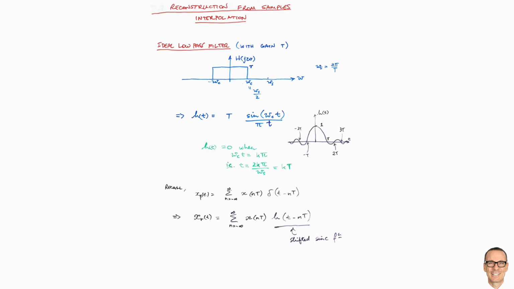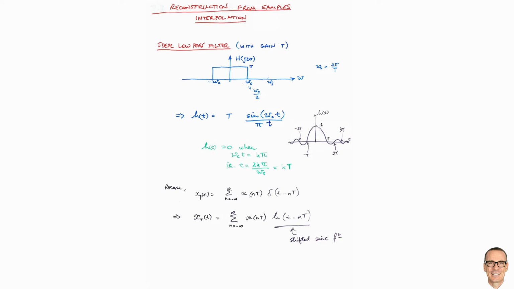You will recall from Fourier transforms that the inverse Fourier transform of the square shape there is a sinc function. So this is a square shape in the frequency domain, so the filter has a sinc impulse response in the time domain for the ideal low-pass filter.